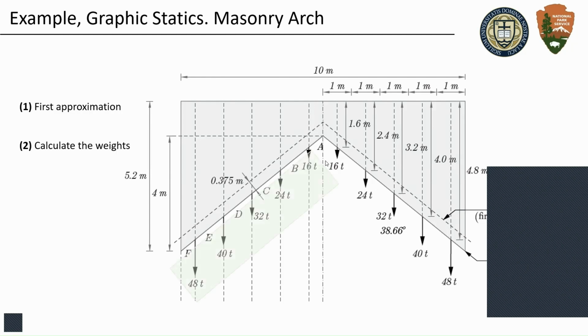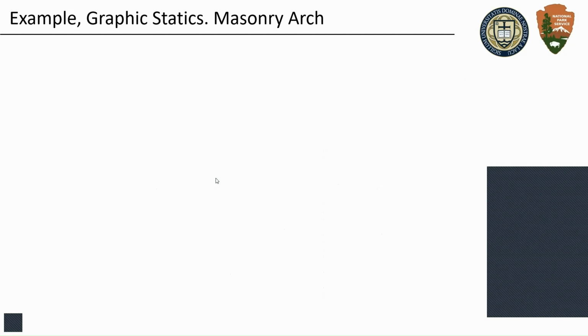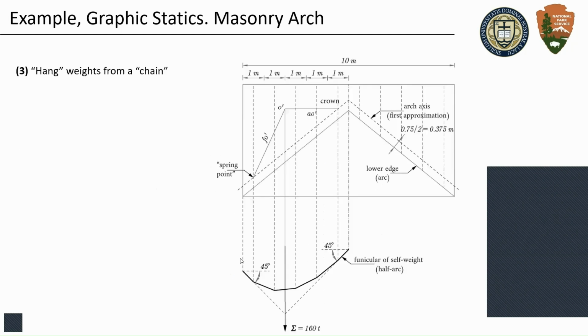Now, the next thing I'm going to do is calculate the loads that this member supports, and that's basically the weight on top of it. Then I'm going to hang those weights from a chain. This is what I'm doing here. I'm hanging the weights from the previous slide.